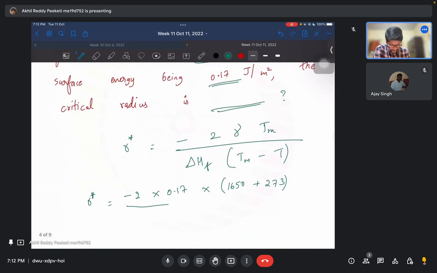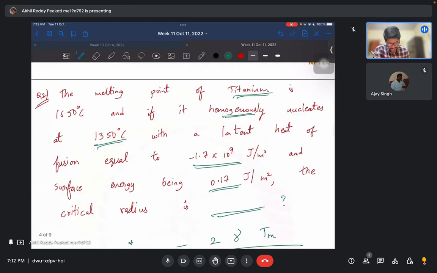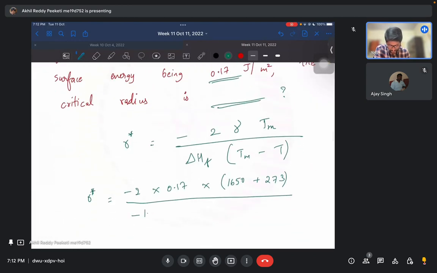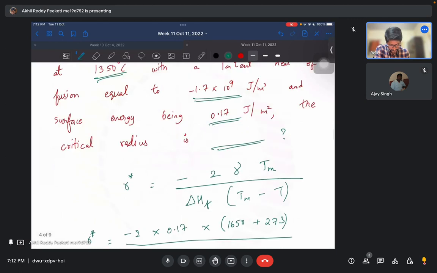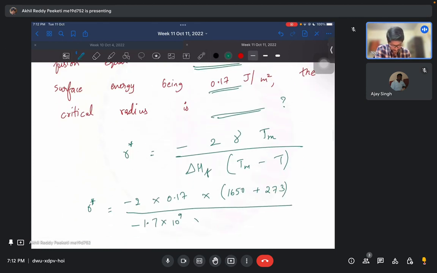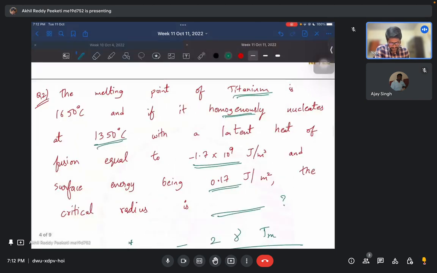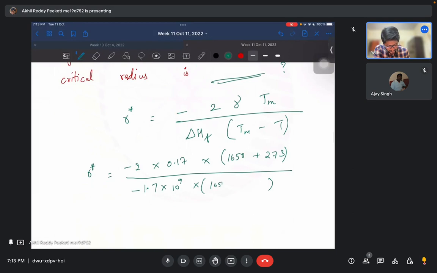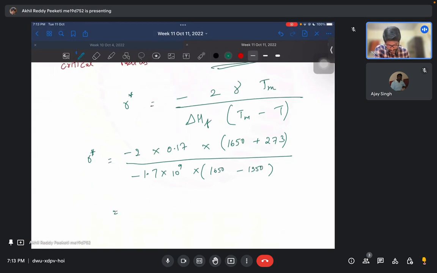Then the latent heat of fusion is given as minus 1.7 into 10 power 9 joule per meter cube, and then the difference between melting temperature and nucleation temperature, so 1650 minus 1350.